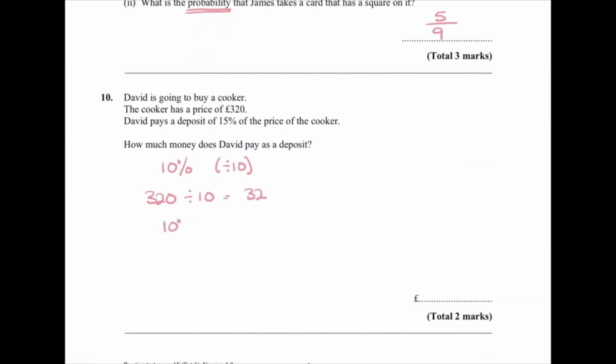So I know that 10% is equal to 32. 5%, which is half of 10, will be 16, half of the 32. Now 10 and 5 is 15%, and 32 plus 16 is 48. So our answer would be 48.